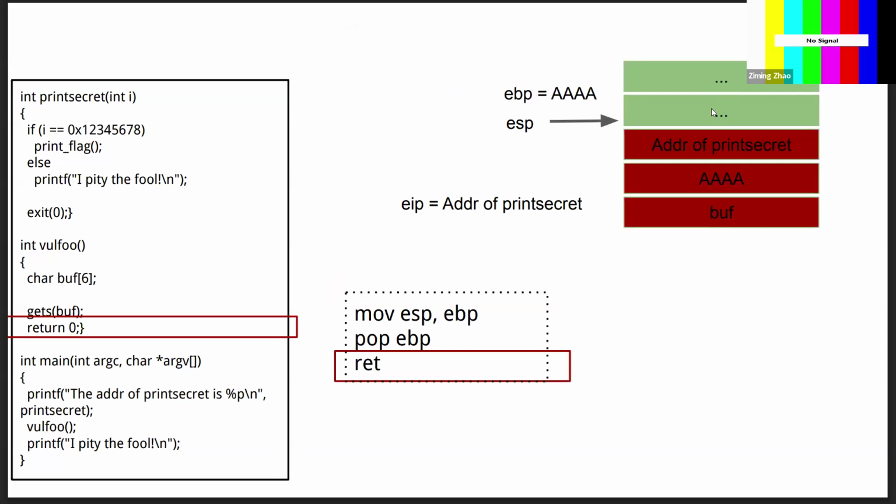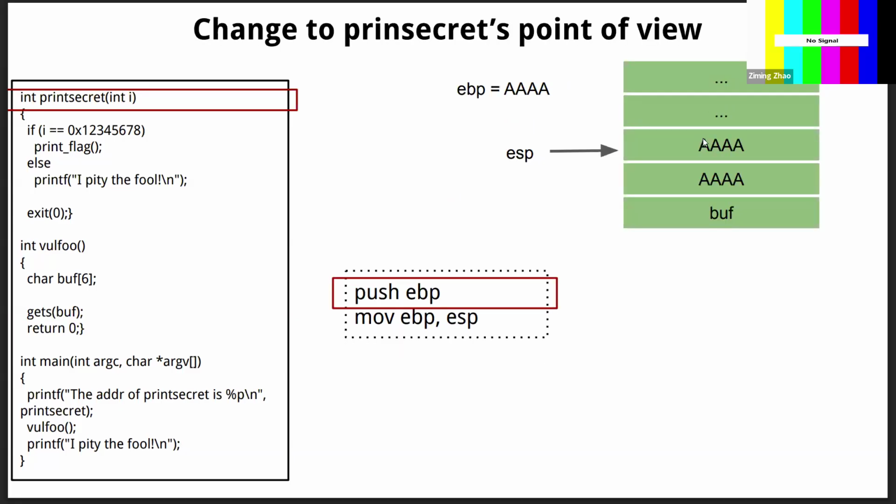After that return, ESP will point to this place, not the address of print secret. Now we do another push, and that garbage 4 A's will be pushed onto the stack again, overwriting what we were trying to overwrite again. Then we will have 2 copies of 4 A's on the stack at this point.